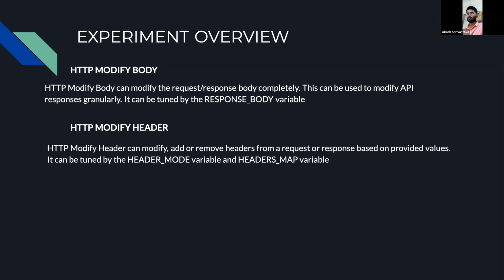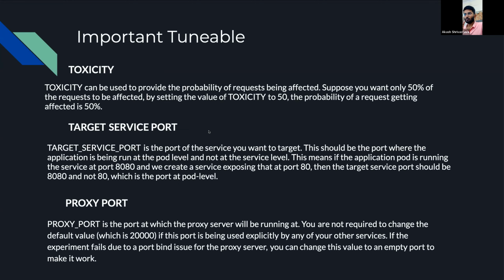I'll move ahead to talk about a few important variables which are common to every HTTP chaos experiment. First is toxicity, which is available in the latest release of Litmus. With toxicity, you can provide a specific percentage, and that percentage defines the probability of any request getting affected.